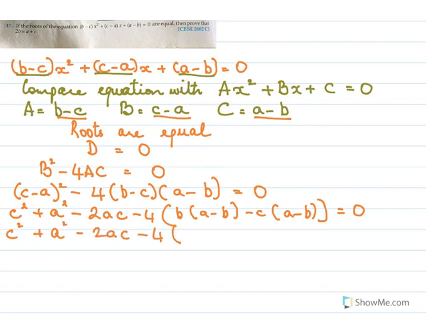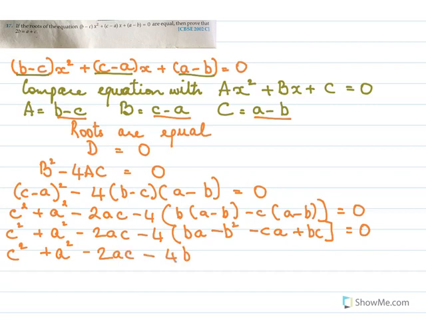Let me open this bracket. b into a is ba, b into minus b is minus b square, minus c into a is minus ca, minus c into minus b is plus bc, equals 0. Now c square plus a square, this I just copy out, open the bracket: minus 4ba, minus into minus plus 4b square, minus into minus plus 4ca, minus into plus minus 4bc.